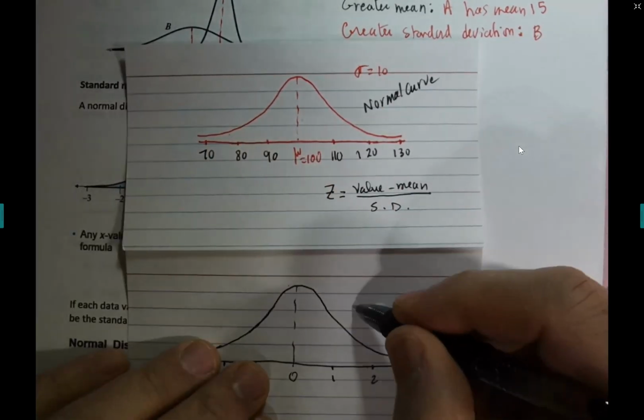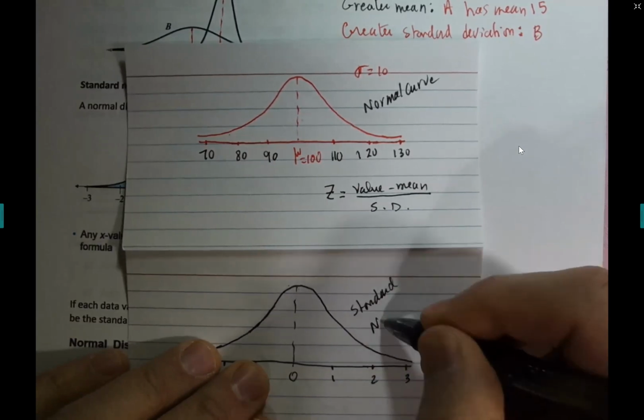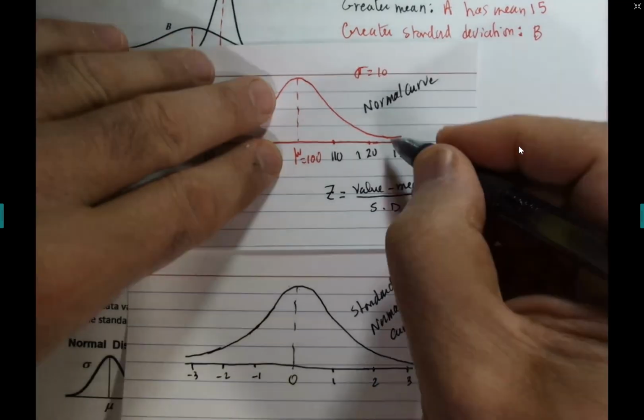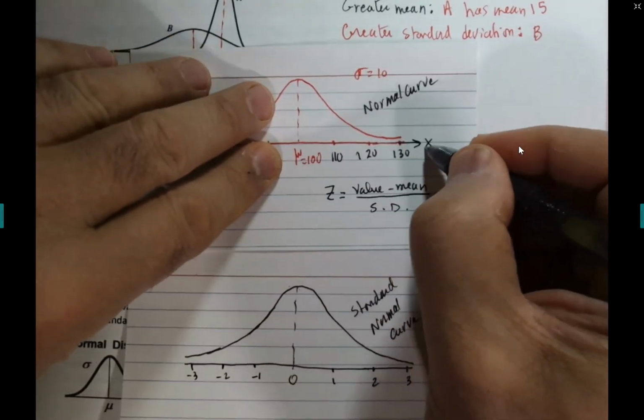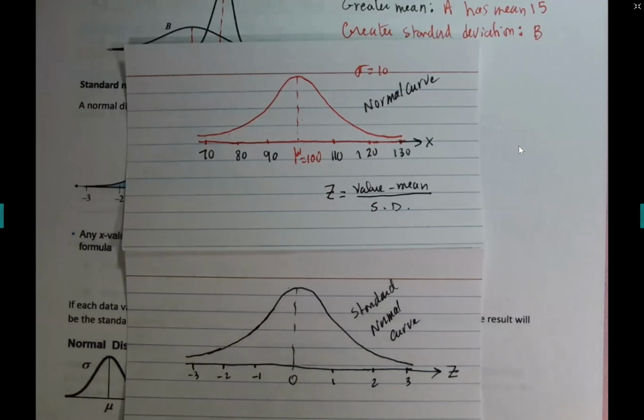This, guys, when you use Z-score, is called the standard normal curve. Here the axis is called the x-axis. Here the axis, guys, is called the z-axis, and we'll be using the z a lot. It's easier, it's more convenient.